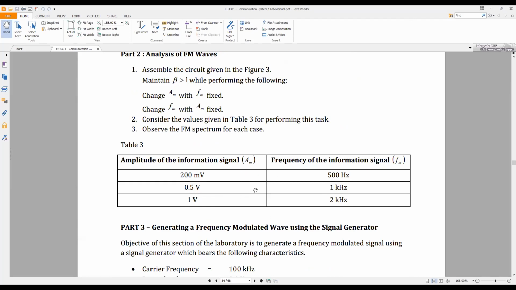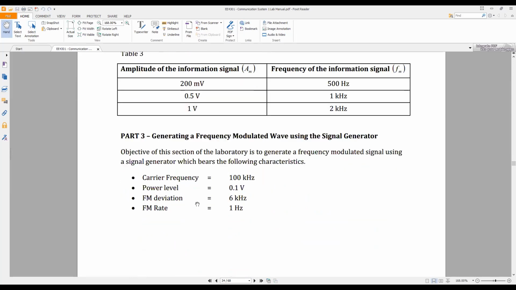Actually there are 9 spectrums, because we varied the frequency keeping the amplitude constant, and varied the amplitude keeping the frequency constant. So you have to add the spectrums for these. And for 1 volt values, please calculate the beta values and check whether it is greater than 1 or not.